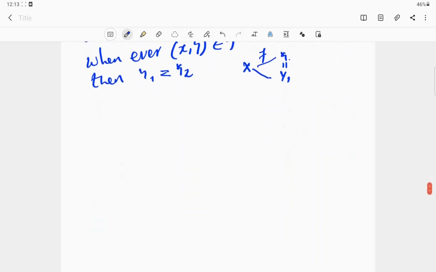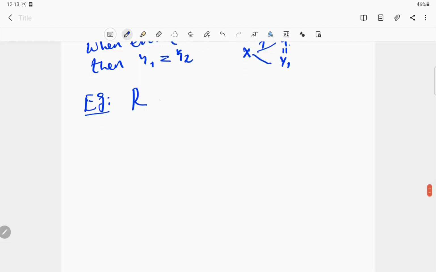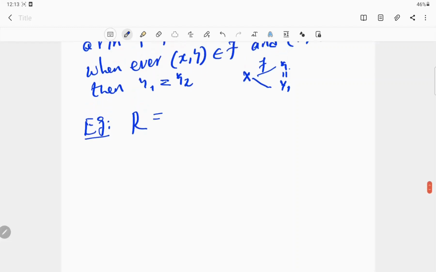Let's see an example. Let R be given by the set of ordered pairs (x, y) in R cross R such that x squared plus y squared equals 25.